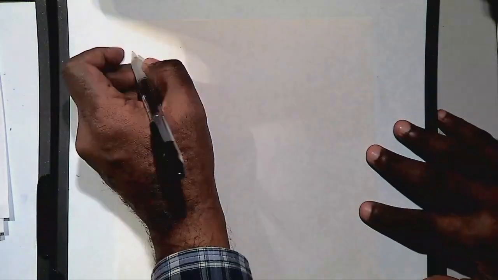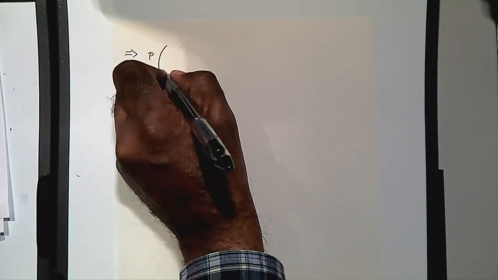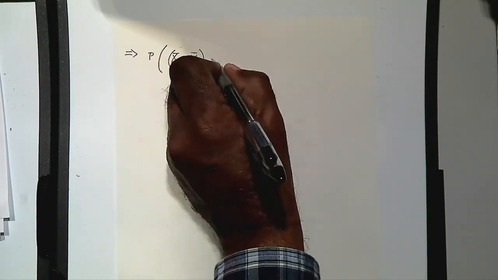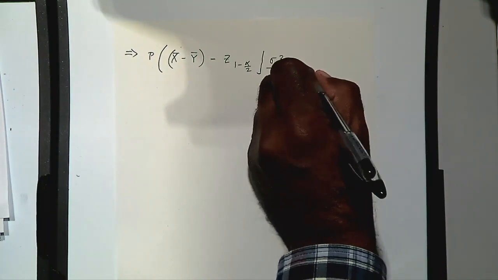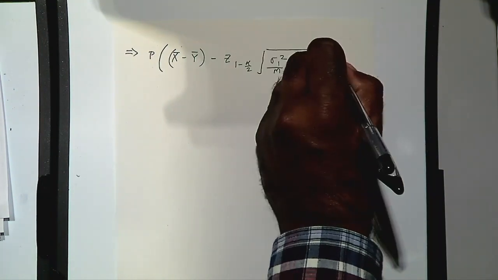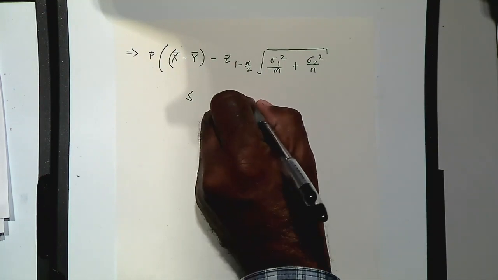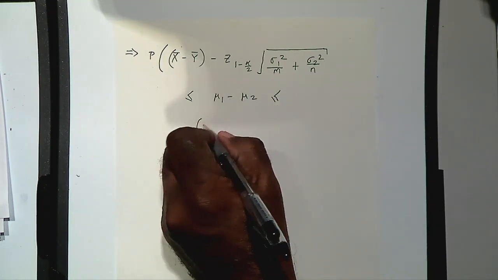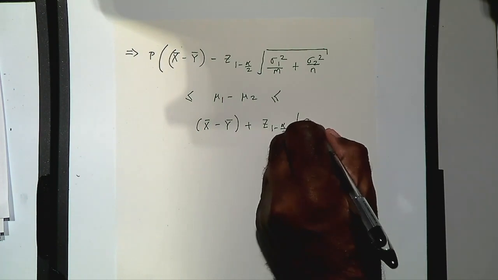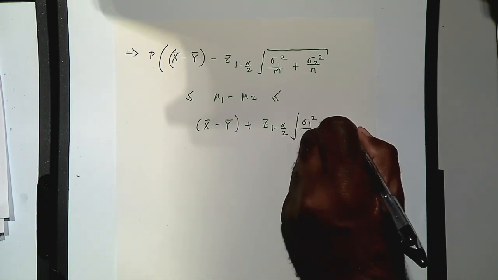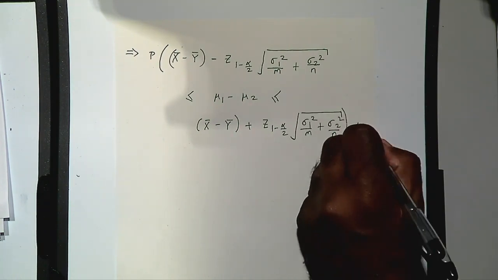So now using the property that these two guys are equal except for the minus sign, you can write this as this, right?